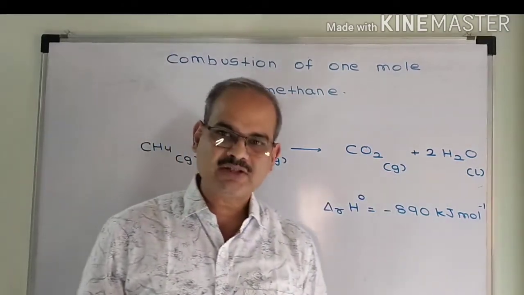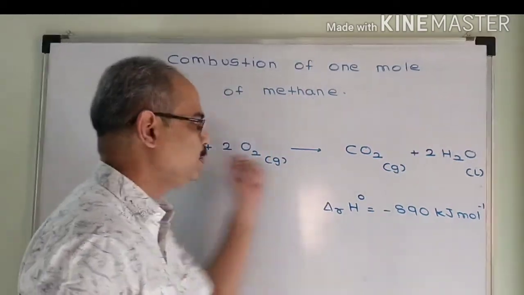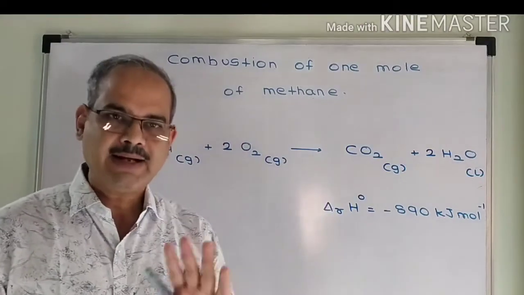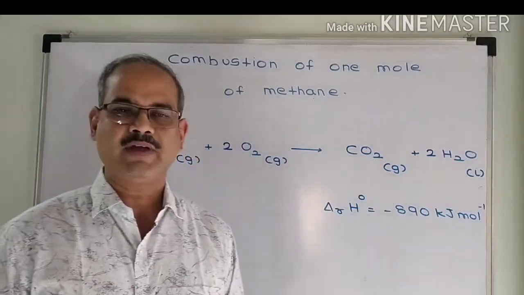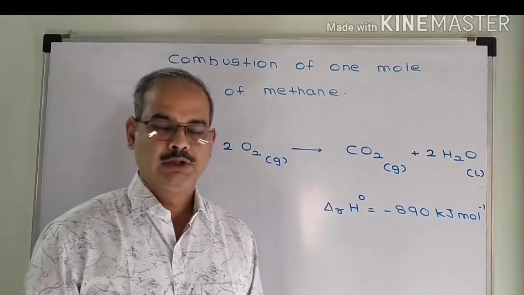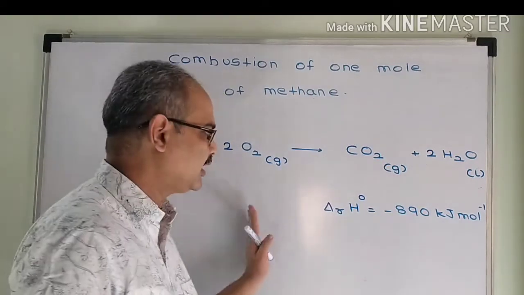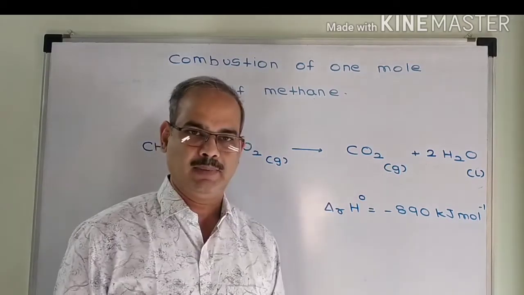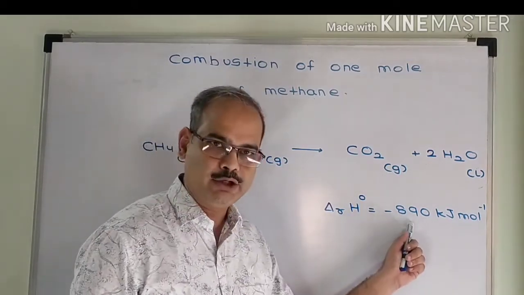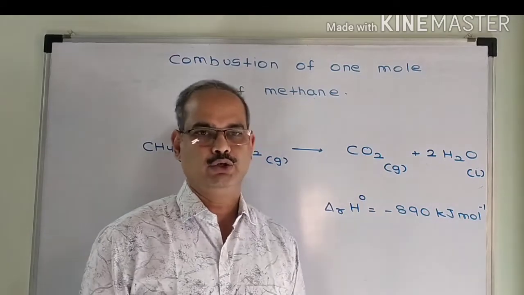So the first guideline says that the equation should be balanced. The second guideline says that you have to specify the physical state of every reactant and product. The third guideline says that on the right hand side of the equation, write the enthalpy change taking place with appropriate magnitude, sign and units.